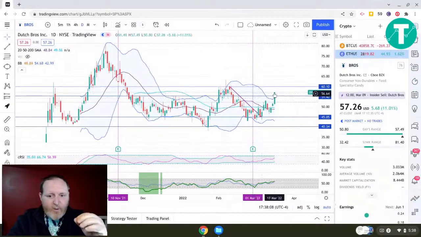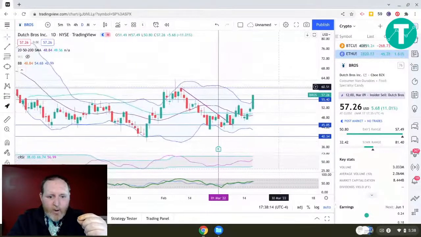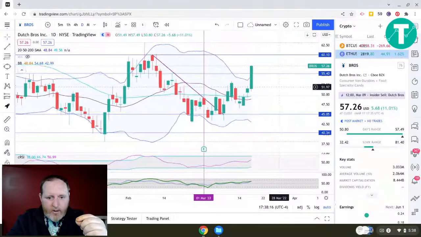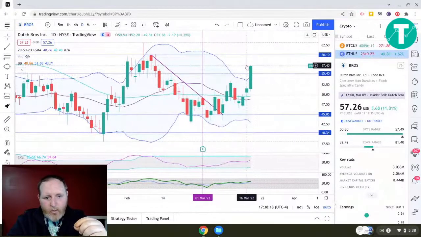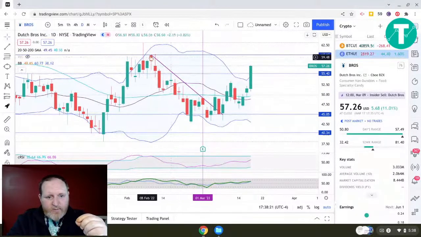So if we're looking for Dutch Bros to break above this top range here, what we want to see, and I'll bring it in here, is we want it to come up to the $60 area right here, touch this, and then break through it and close above it.